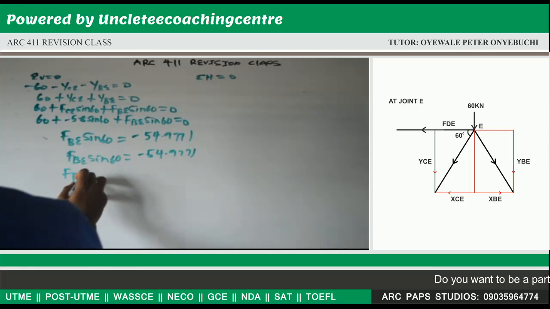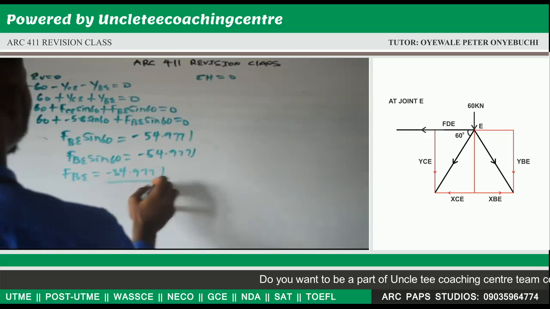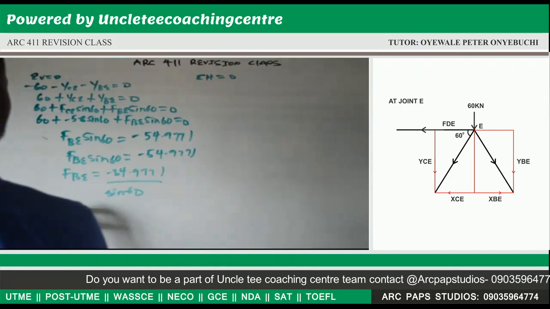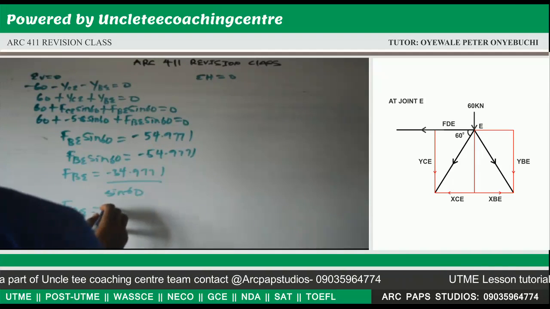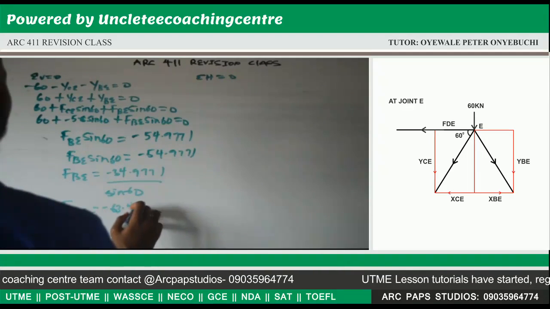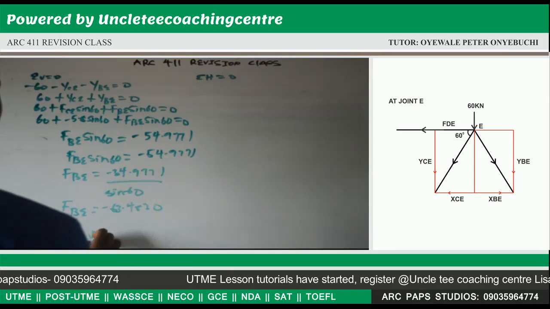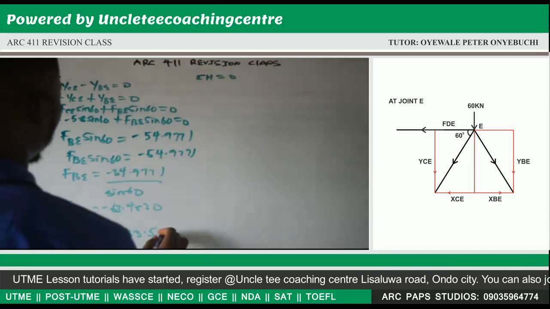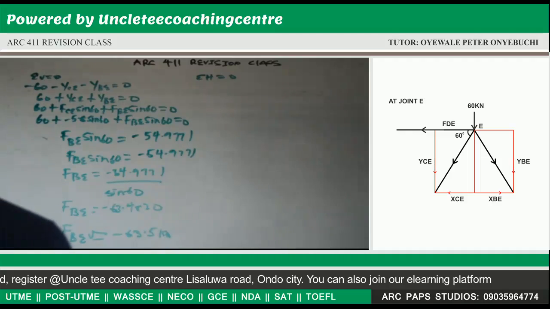Divide through by sine 60, that will be minus 54.9771 divided by sine 60, which is 0.8660. So FBE will give us minus 63.4820. Our FBE is approximately minus 63.5 kilonewton. Now for our horizontal forces.